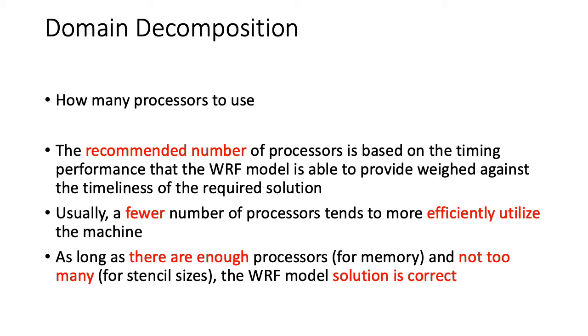The recommended number of processors is going to be a user-determined value that takes into account the amount of time that is allocated to run a job and the rest of the community that is on the particular machine.